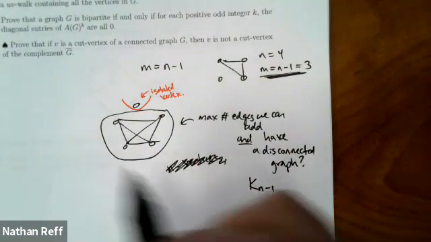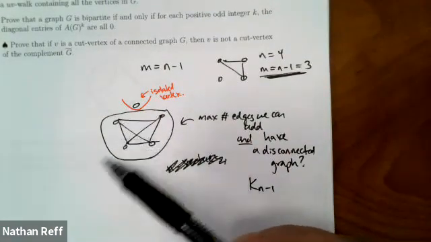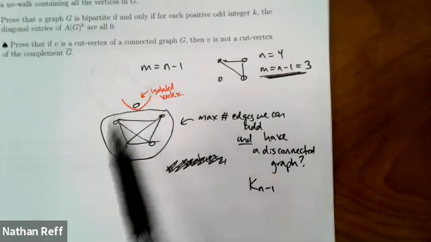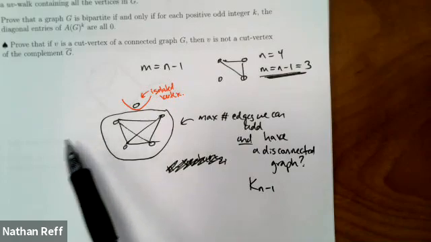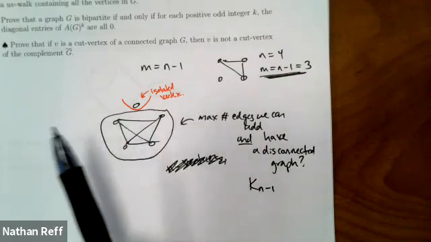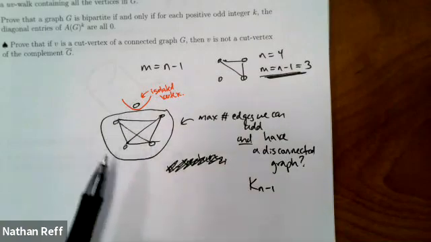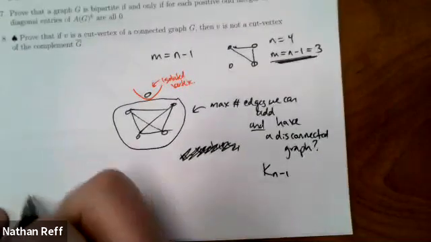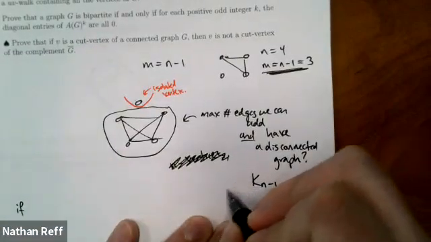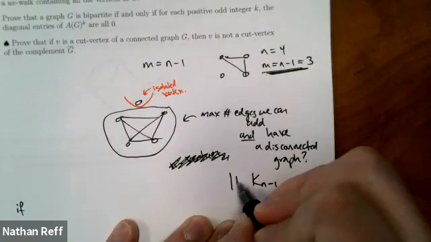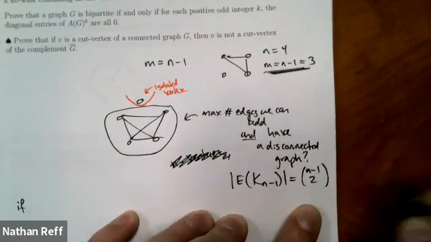So now what do I do? If I require that I have one more edge, I can't connect anything else up here because I've already maximized the number of connections. So I would absolutely be forced to connect that isolated vertex to one of these other vertices. The number of edges in this is n minus 1 choose 2.